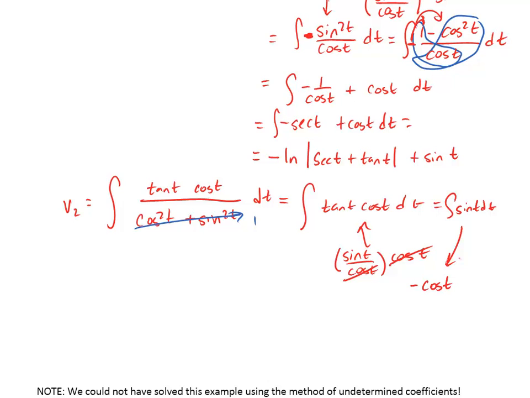All right, so let's write this all the way out. y now is v1 y1, this is y sub p, plus v2 y2.